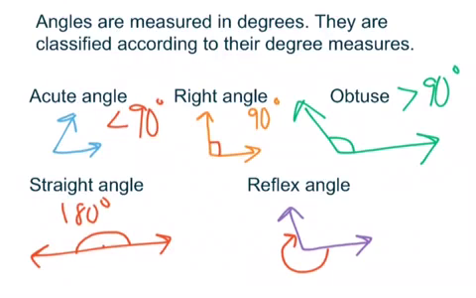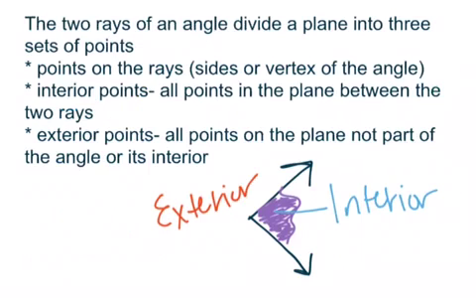It's going to be in between 180 and 360. So it's greater than 180, but less than 360. It's obviously not a full circle. So it'll be this degree right here. It's literally like the back of the angle.